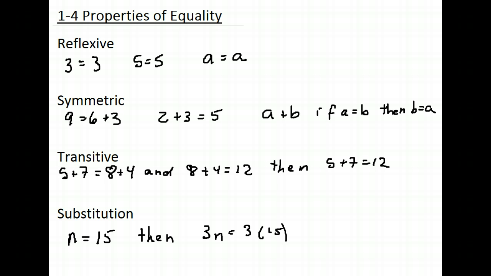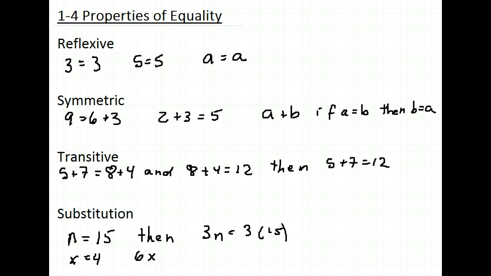So what we're doing is we're taking our variable, seeing what it's equal to, and putting that in for our variable. Here's another example. So if we have x equals 4, and then we have an expression of 6x, and we want to figure out what the value is. What's the solution?